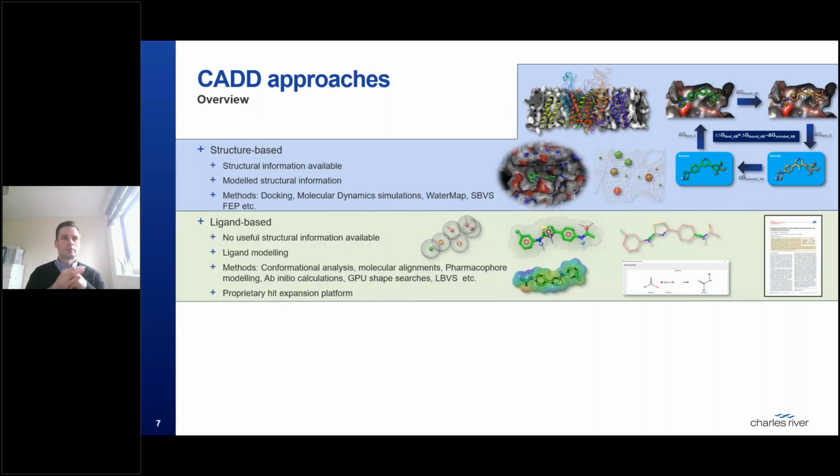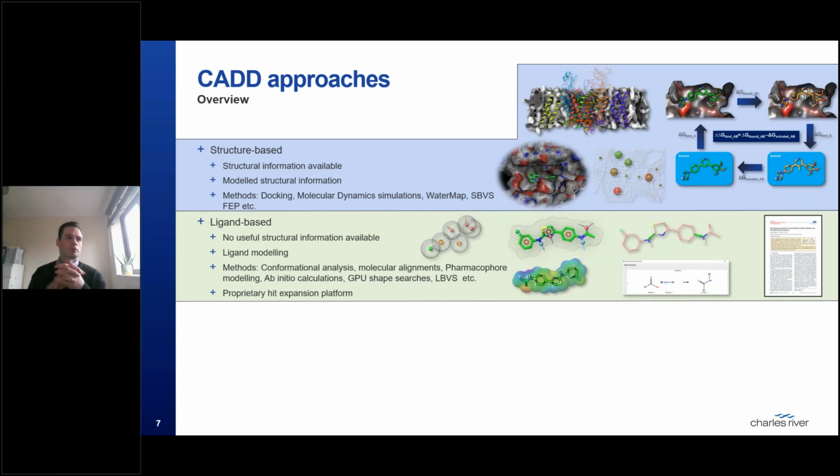We have the ligand-based approaches focusing entirely on the ligand. This aspect involves analysis or modeling of the ligand, such as conformational searching, pharmacophore modeling, QM calculations, etc.